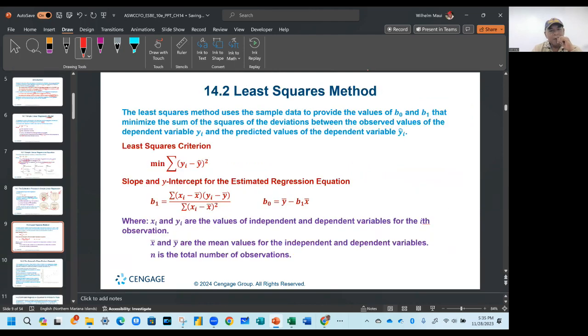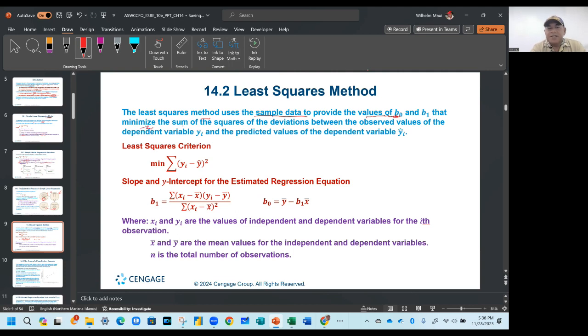Okay, so the least squares method, as we said at the beginning, is the method that you use to estimate your coefficients, your beta 1 and beta null. It uses the sample data to provide the values of your beta 1 and beta 0.